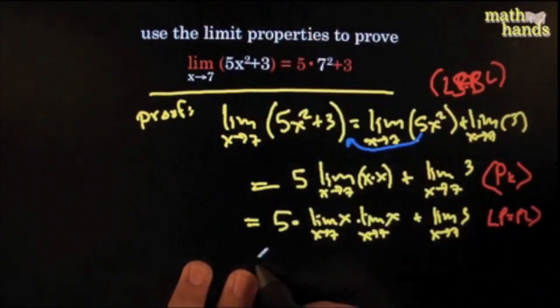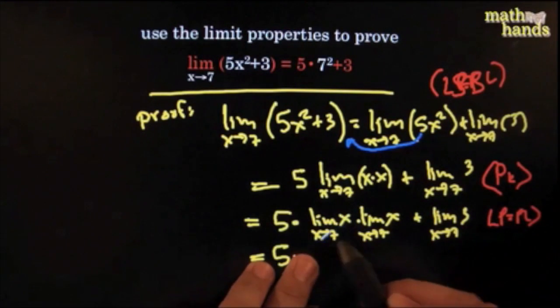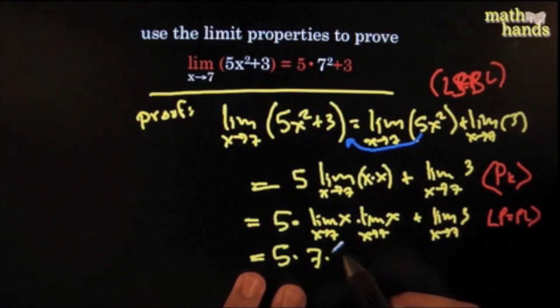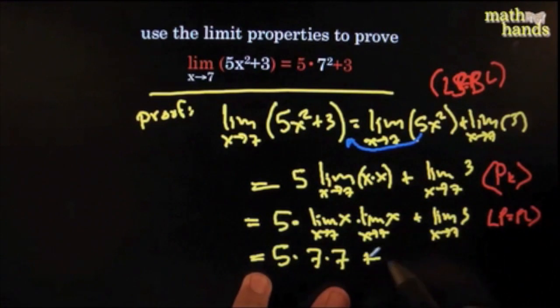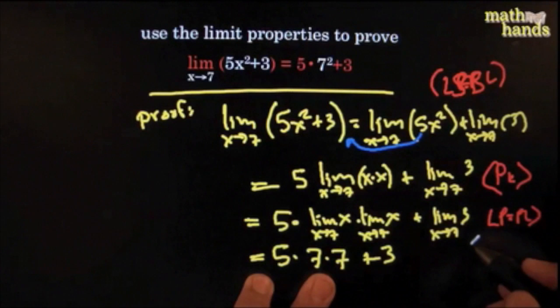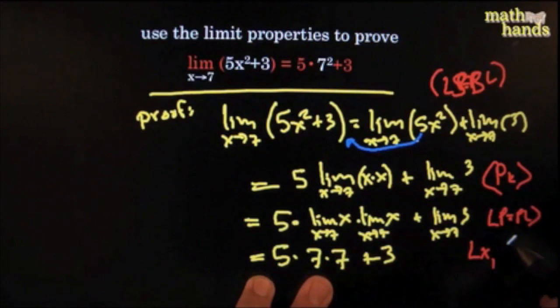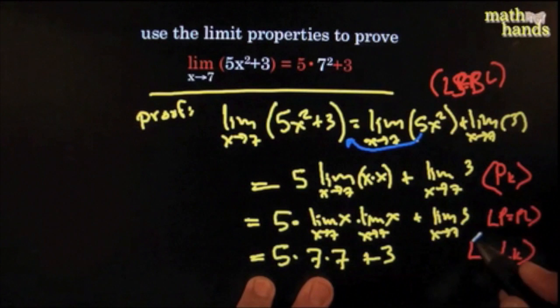Okay, I'm just trying to get a good variety here, using all my properties. It's working good so far. So this is just the plain limit of x as x goes to 7, so that's just 7. Same thing there. This is just a 3. So I used a couple of things here. I used the limit of x, that's how I got the 7, and I used the limit of a constant, that's how I got the 3 there.